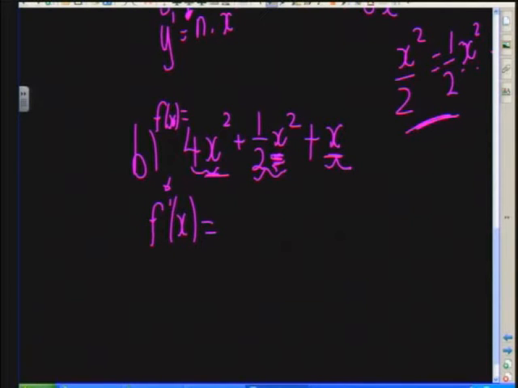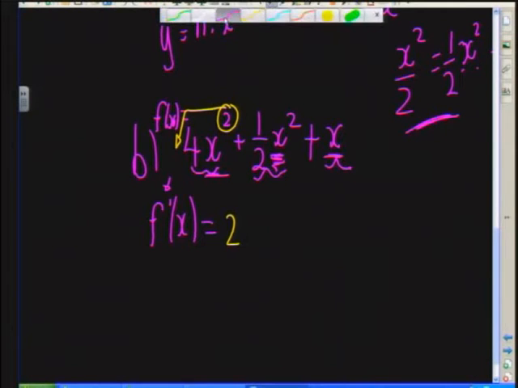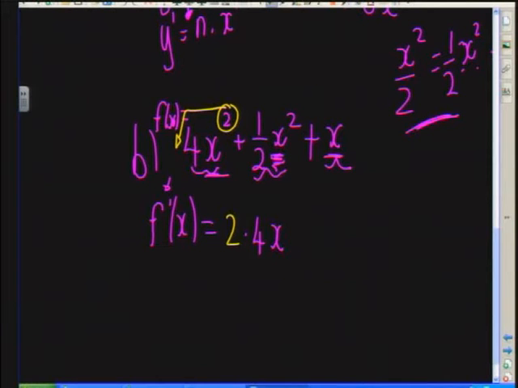Once you've put that symbol in, you need to start deriving every single term, okay? So we take the 2, the power, to the front, to the coefficient, and multiply the 2 by the 4, and then we've got x to the power from the power 2, we subtract 1.